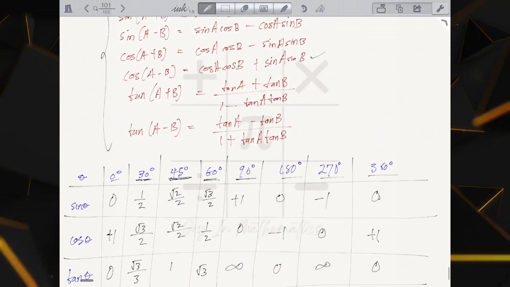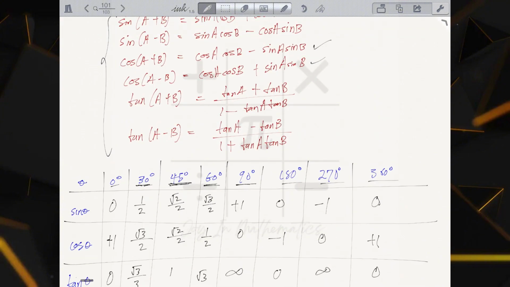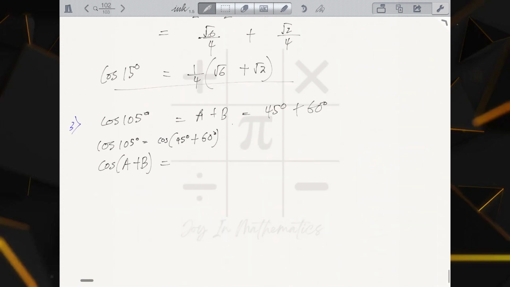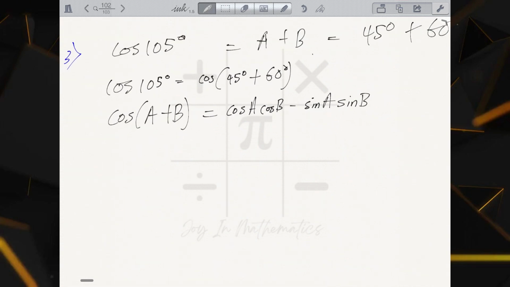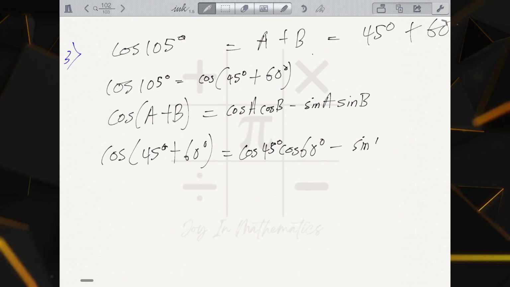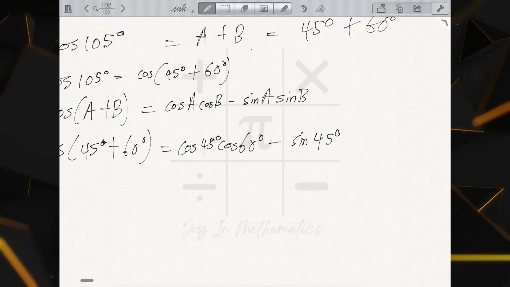Now cos(A plus B) is cos A cos B minus sine A sine B. So let's simplify now, where we'll have cos(45 degrees plus 60 degrees). We understand that A is 45 degrees and B is 60 degrees. So this means we have cos 45 degrees multiplied by cos 60 degrees minus sine 45 degrees multiplied by sine 60 degrees.